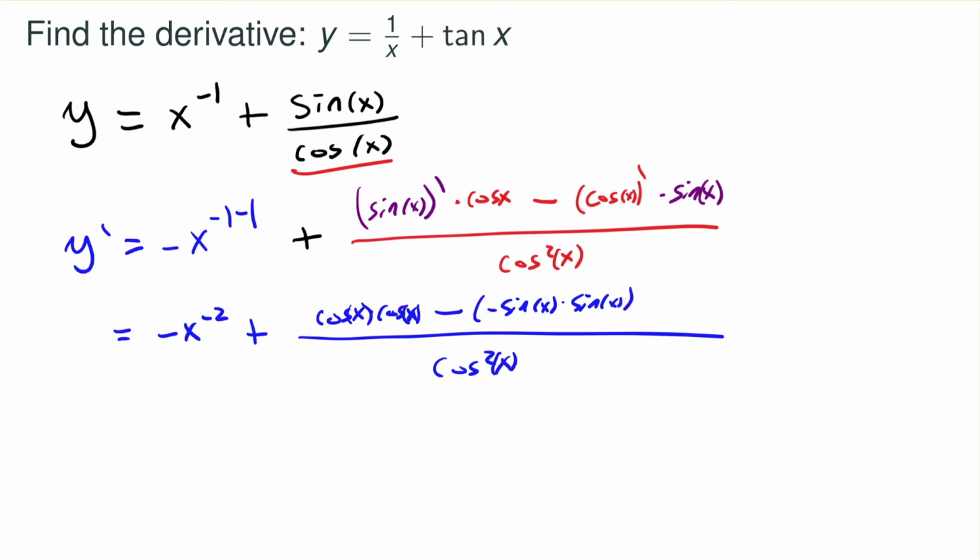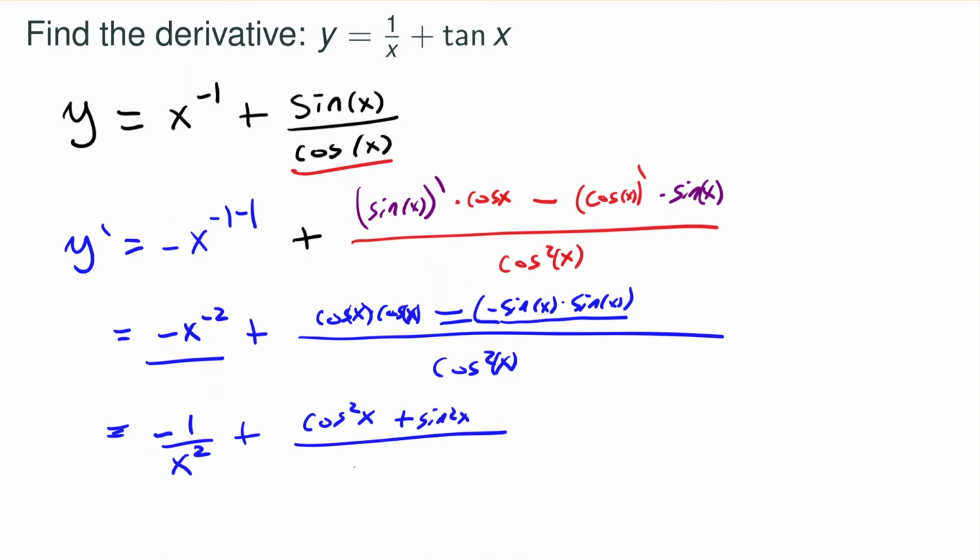So let's simplify. This one we can rewrite as negative 1 over x squared, plus, now we have cosine squared x. This is sine squared, but now we have negative negative, so we have plus sine squared over cosine squared x. So let's simplify further here.